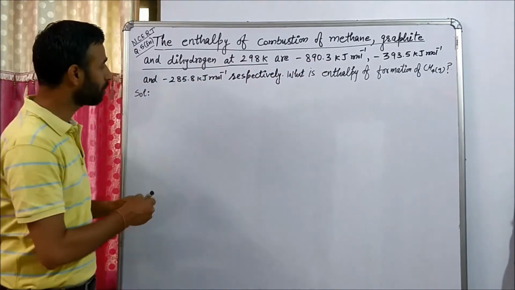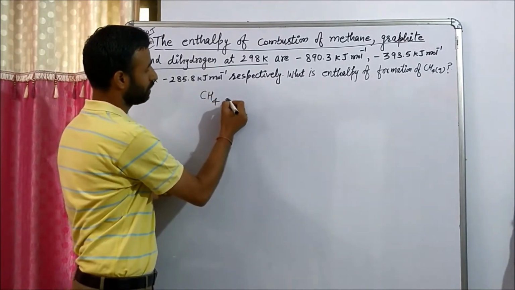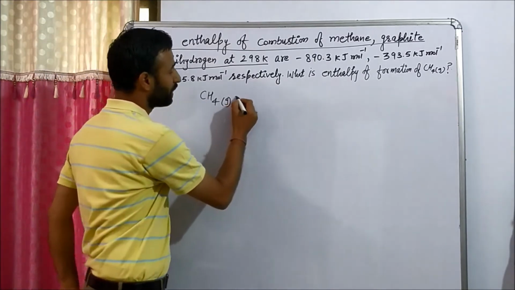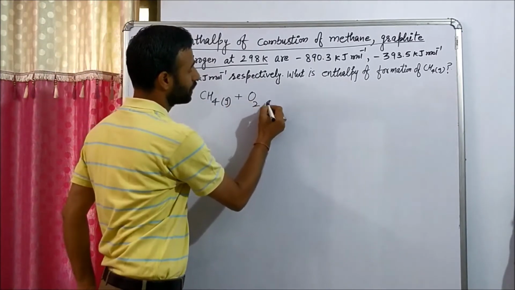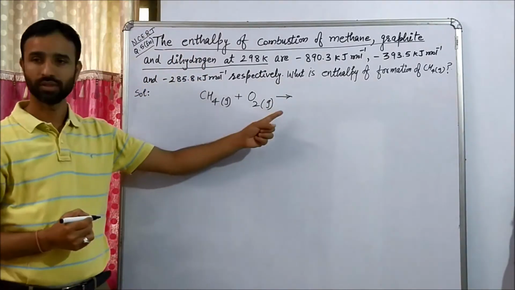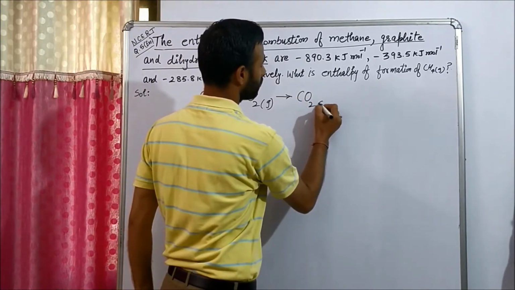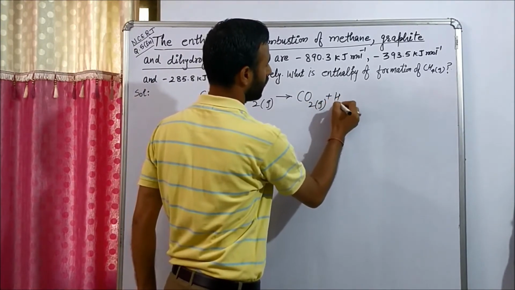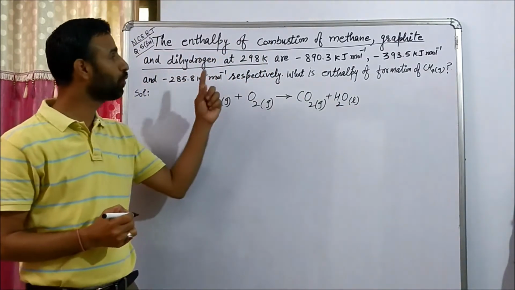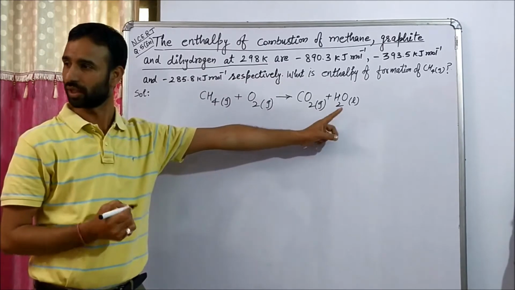So to write the equation, first we write methane. Methane is a gas. We burn it in the presence of oxygen. Oxygen is also a gas, and it gives CO2 gas and H2O liquid, because at 298 Kelvin, H2O is a liquid.